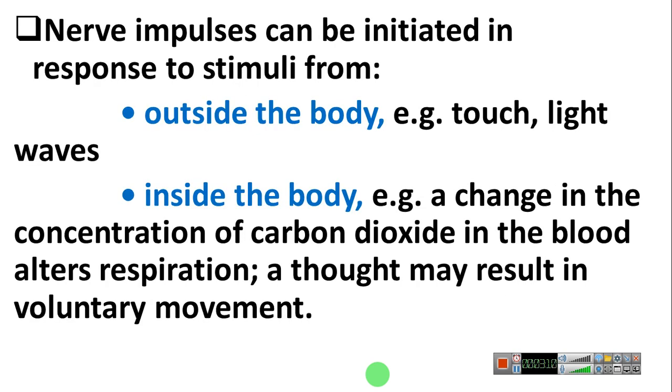Nerve impulses can be initiated in response to stimuli from outside the body, from the sensory organs: touch, light waves and so on. When we are seeing something, touching something, or hearing something, the nerve impulse is initiated by that stimulus.